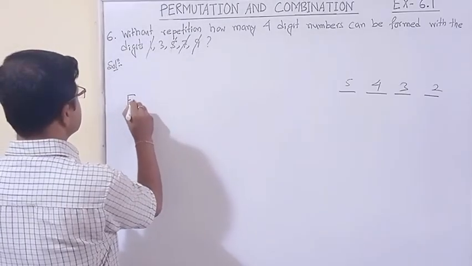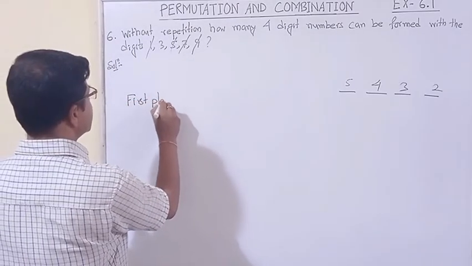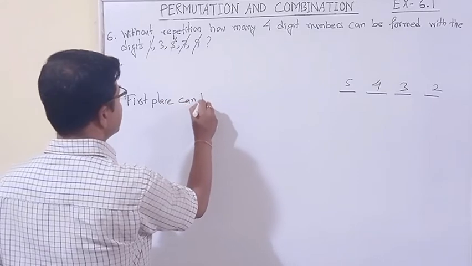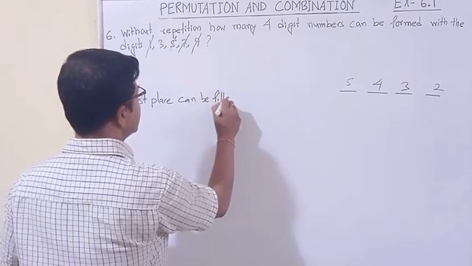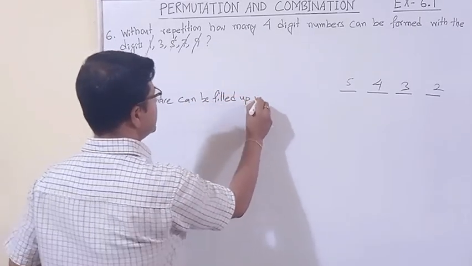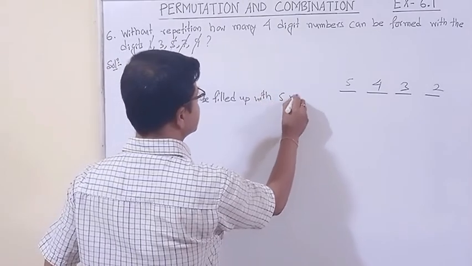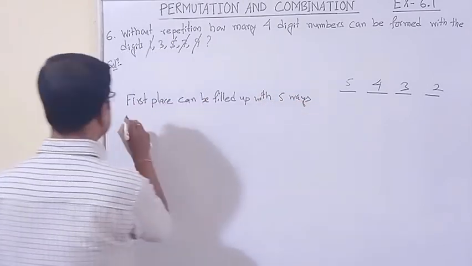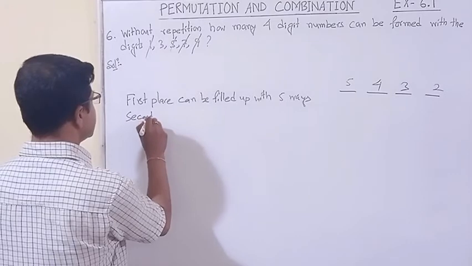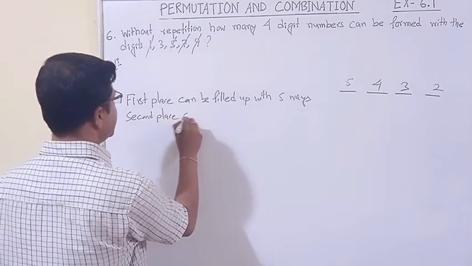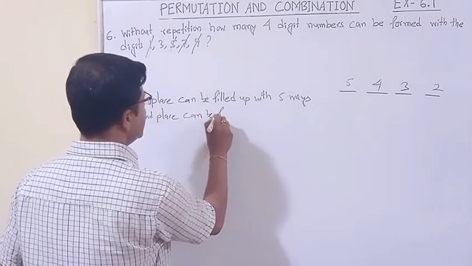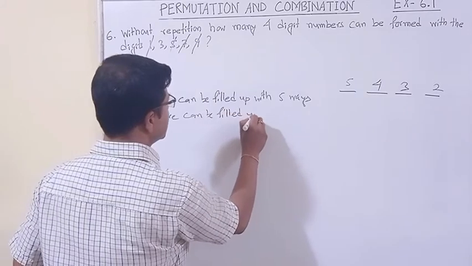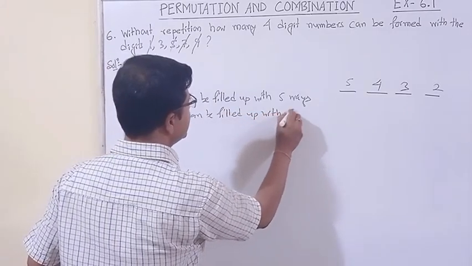But before that, we have to write everything. First place can be filled up with how many ways? 5 ways. Second place can be filled up with how many ways? 4 ways.